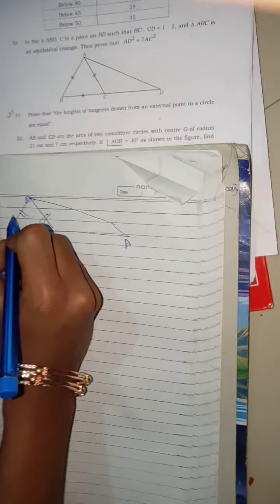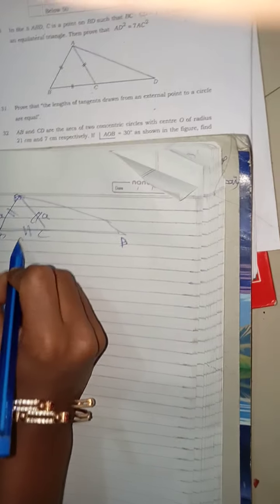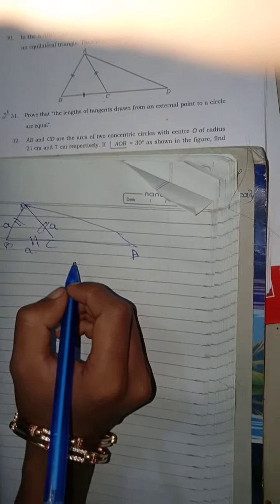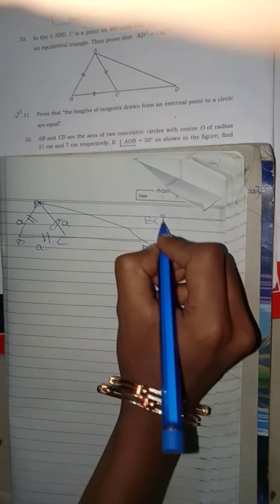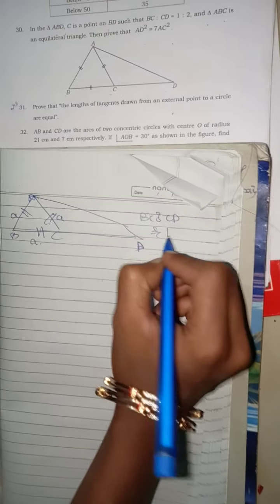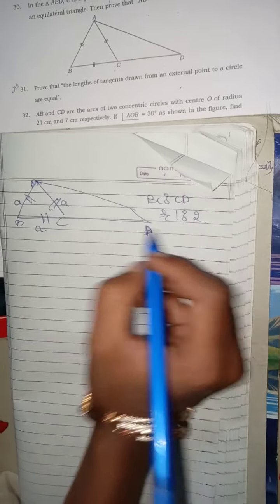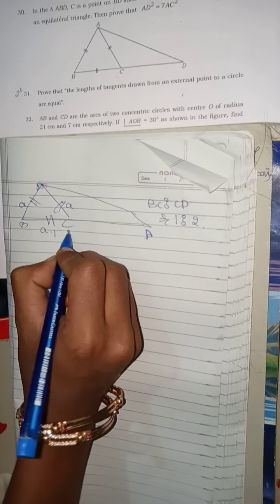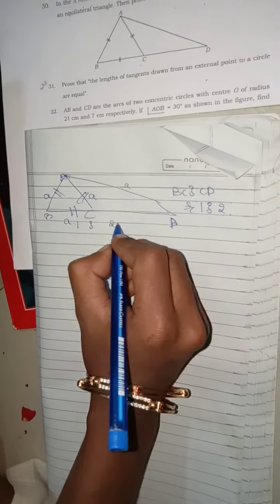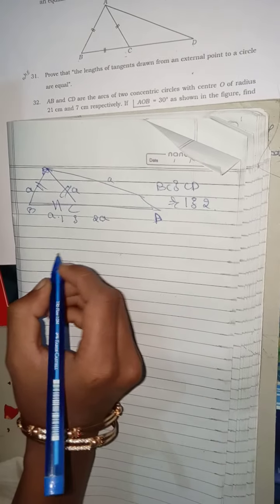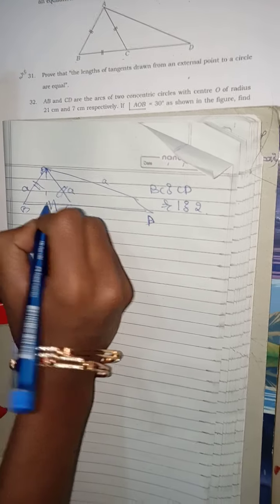Since it is equilateral, I'll take each side as a. Then they have given BC to CD is in the ratio of 1:2. Here the triangle side is a, then CD becomes 2a. This is a perpendicular line.